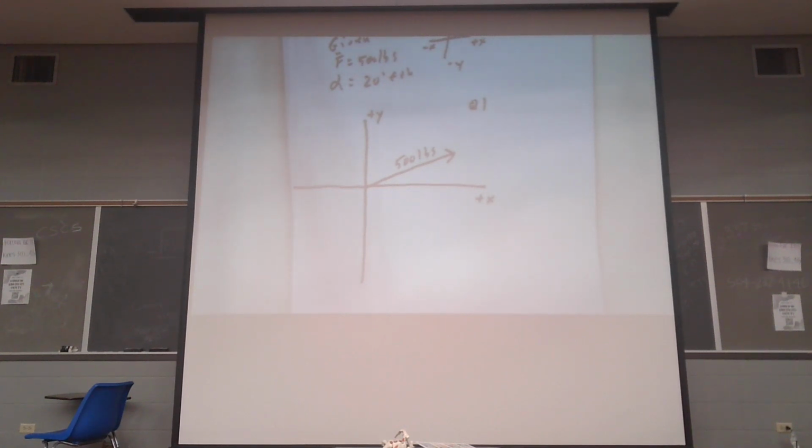I need room. Okay, I need room. I know this is 20. Now, what trigonometry tells us is that I know some of this force is going in the positive X, and also, some of that force is happening in the positive y.